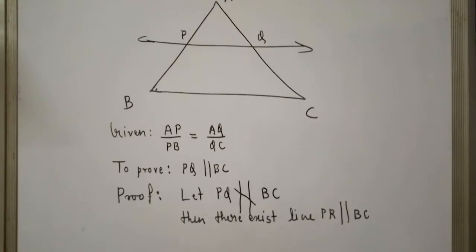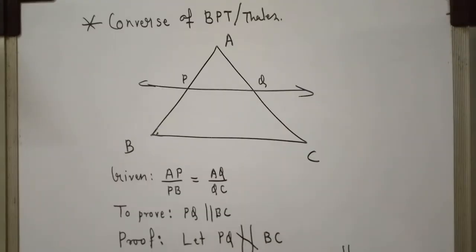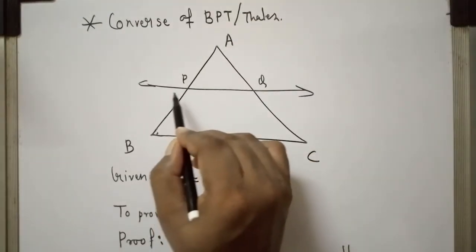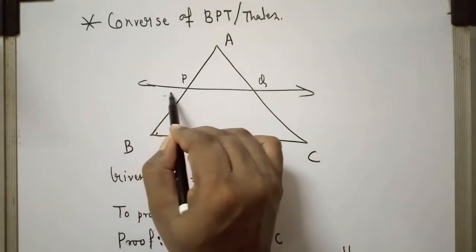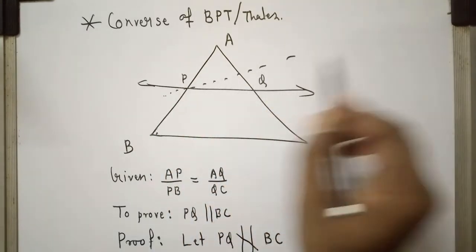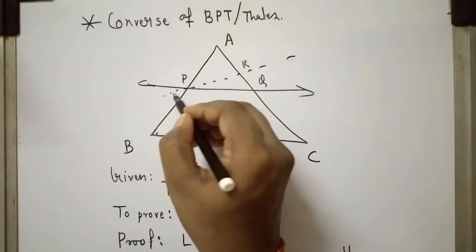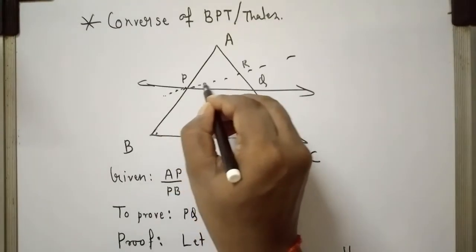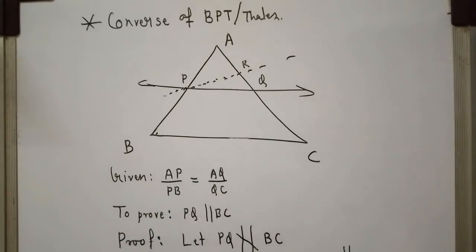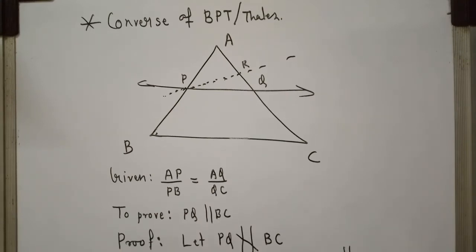That means in this figure we are assuming that PQ is not parallel to BC, so from P some line, let's say this line is PR, is parallel to BC. Through the figure you must be thinking that PR is not parallel, but we are just assuming that PR is parallel to BC.